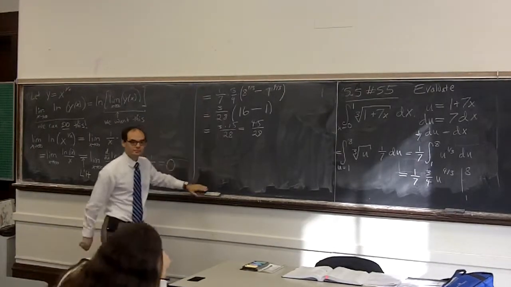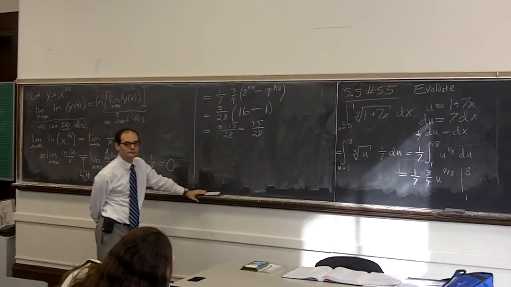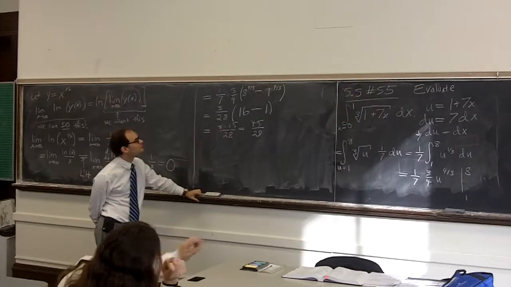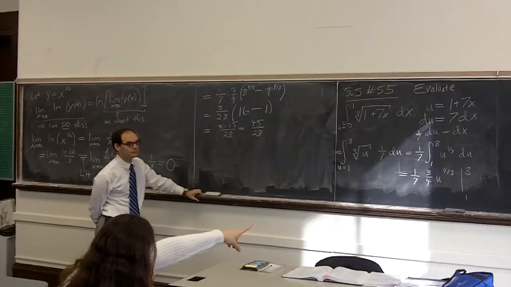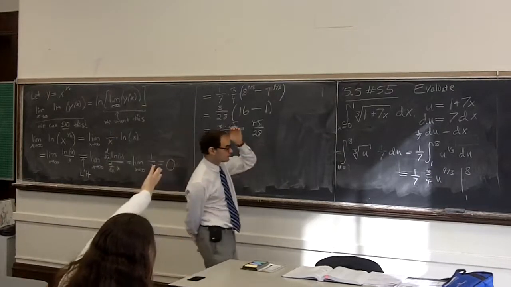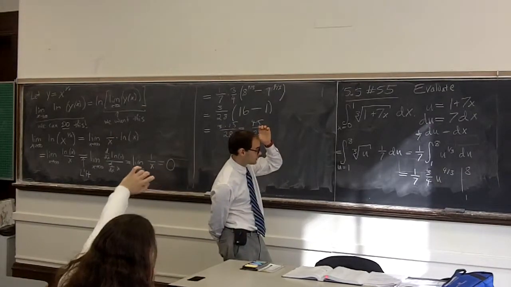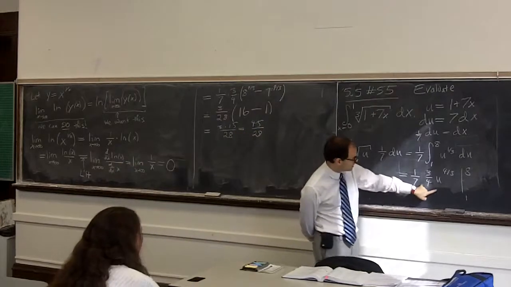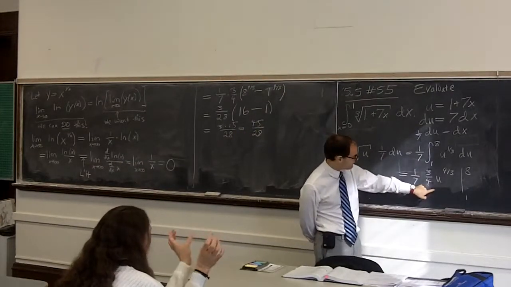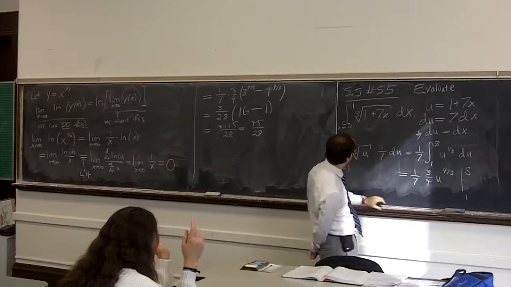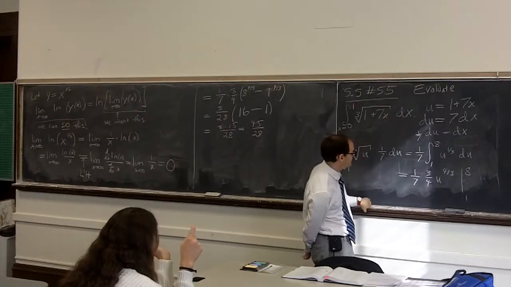Would you get the same answer if you plugged 1 into that whole equation and subtracted, when you're evaluating it for 8 and 1, instead of doing 8 to the 4/3 minus 1 to the 4/3?